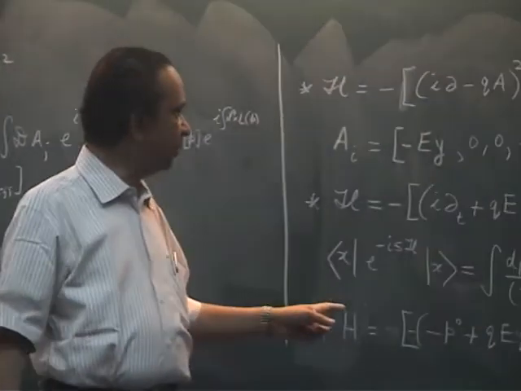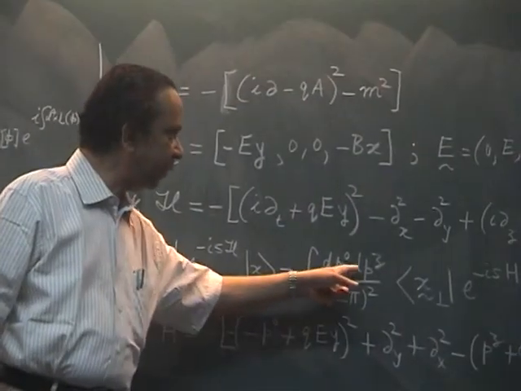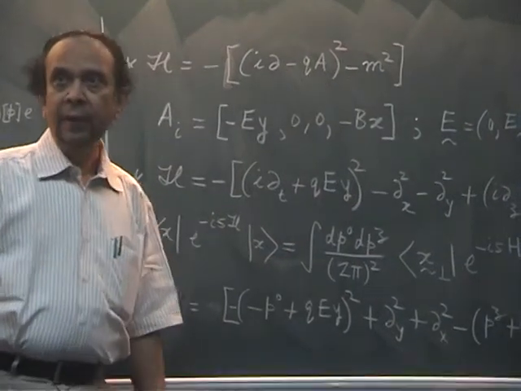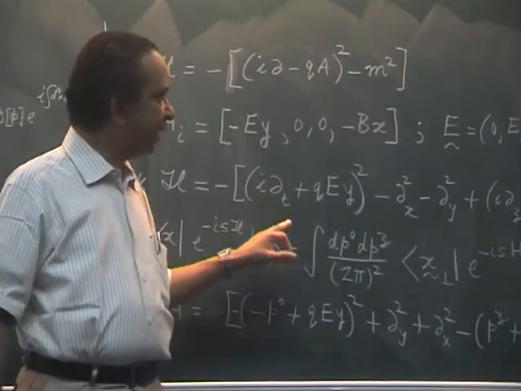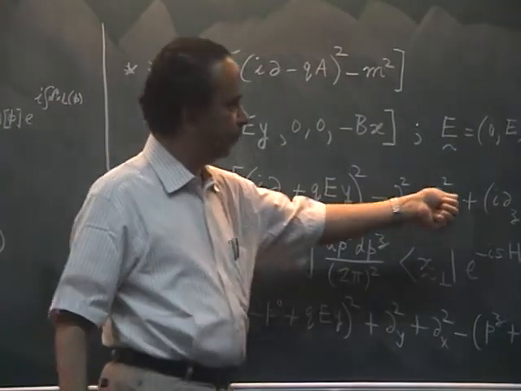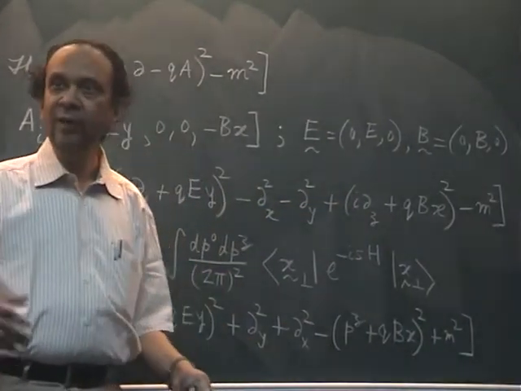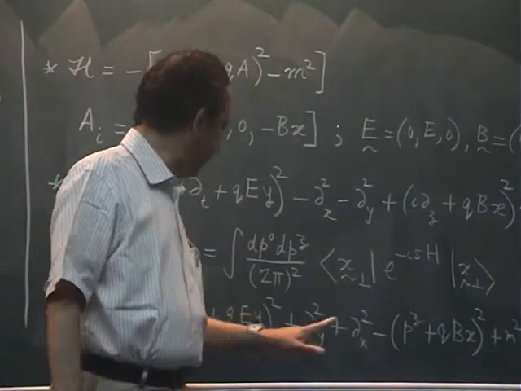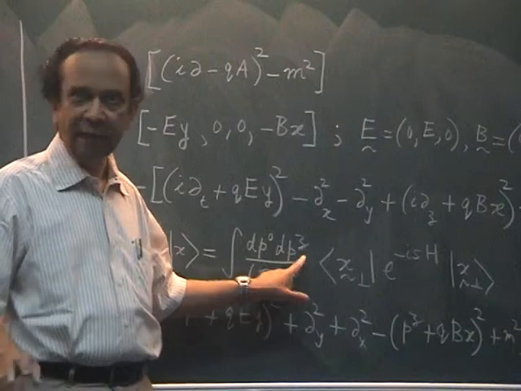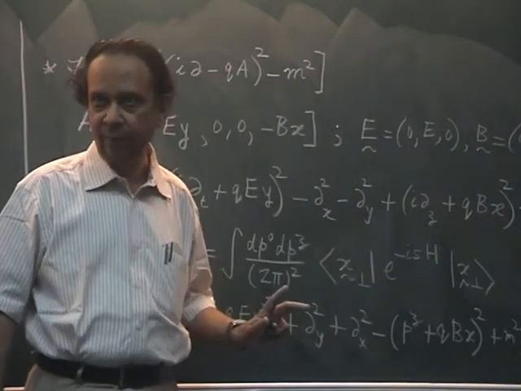All that we will be left with is an integration over dp naught and dpz upon (2 pi) square. So in this H I can get a reduced Hamiltonian where these terms are replaced by the terms involving the momenta, which is what I have done, pz and p naught. They are going to be integrated out here finally after we have computed this material.